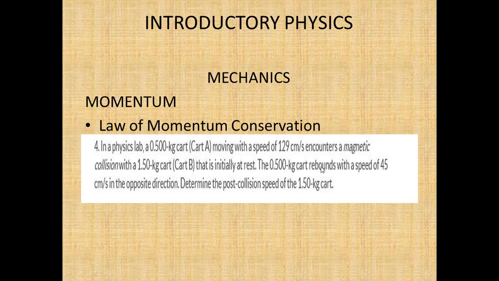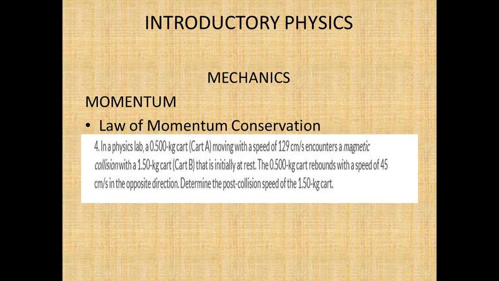The 0.5 kilogram cart rebounds, so it didn't stick this time. It rebounds with a speed of 45 centimeters per second in the opposite direction. So it wants you to determine the post-collision speed of the 1.5 kilogram cart.